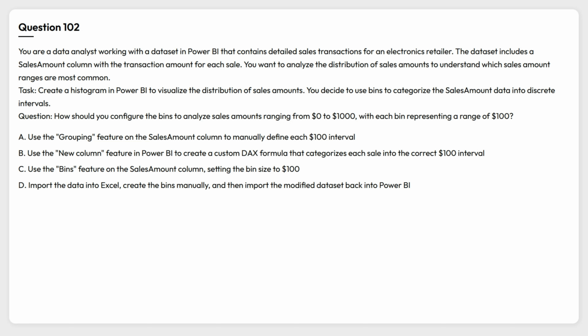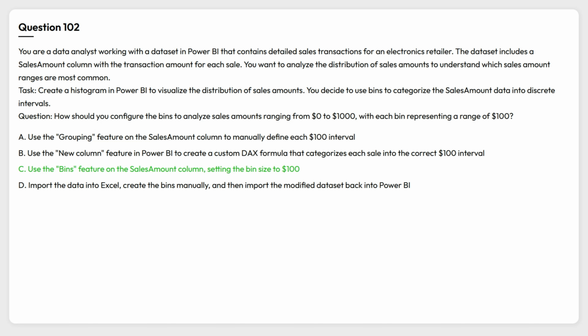Option C. Use the bins feature on the sales amount column, setting the bin size to $100. Option D. Import the data into Excel. Create the bins manually and then import the modified dataset back into Power BI.